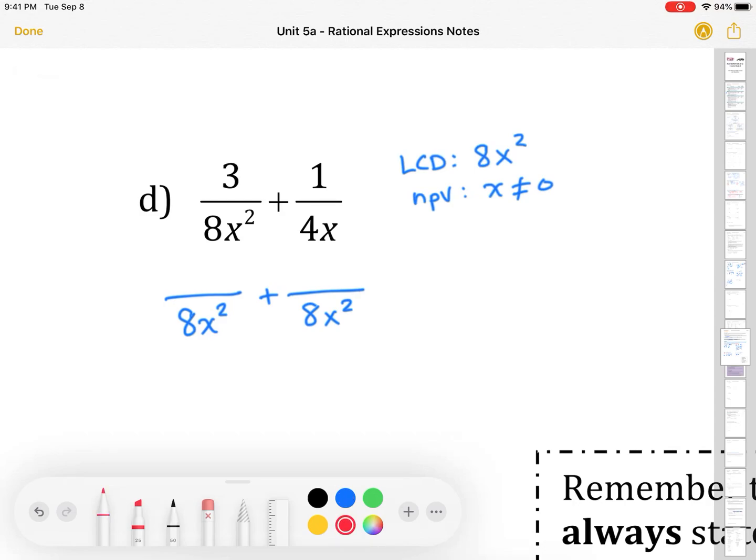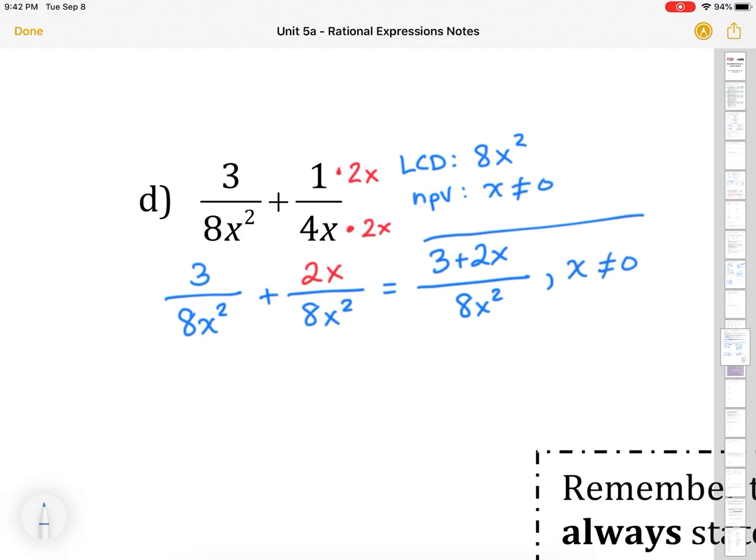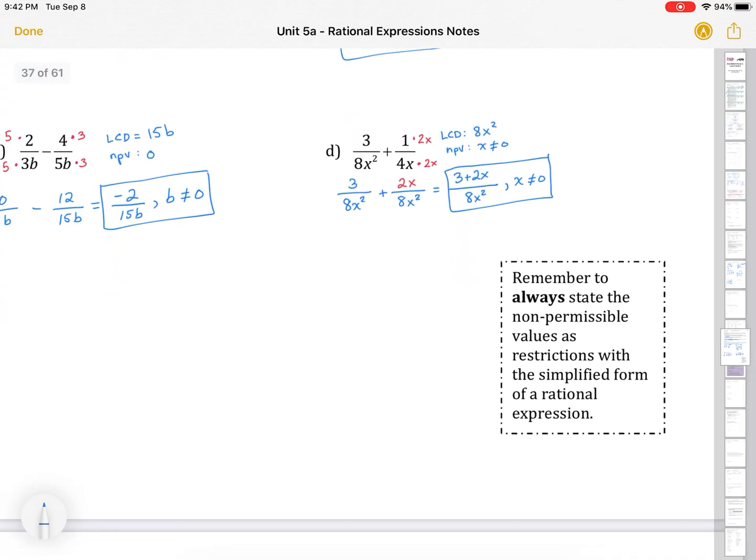For the first one, I didn't actually have to change anything, so I didn't change this at all. But the second one, I multiplied by 2x, so I have to multiply the top by 2x. So 1 times 2x is 2x. And now I can add these together. So I'll have 3 plus 2x over 8x squared. And remember, x is not equal to 0. So that's my solution. Okay.